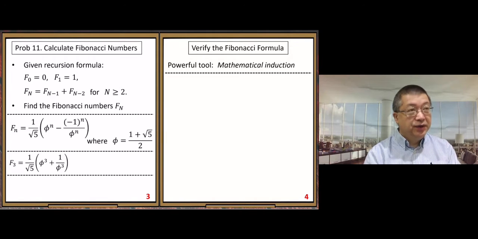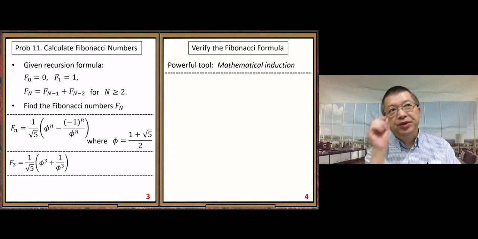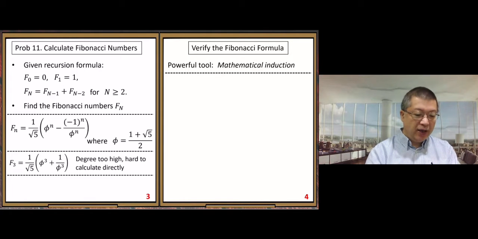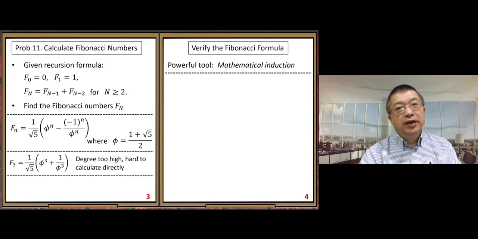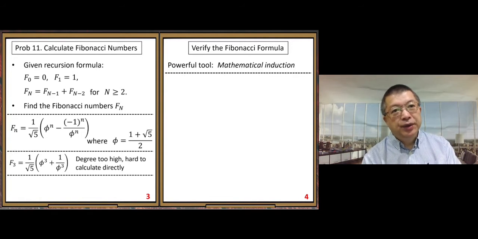Here, to do this calculation, we need to use some special trick. So what's that? The reason is the degree is too high, right? Too high, so we would like to bring it down.